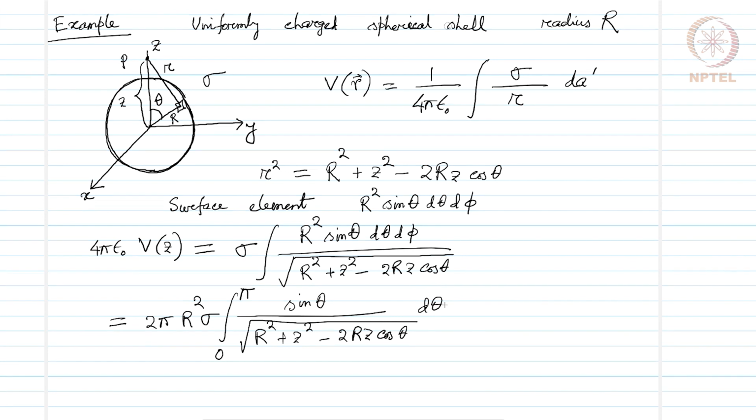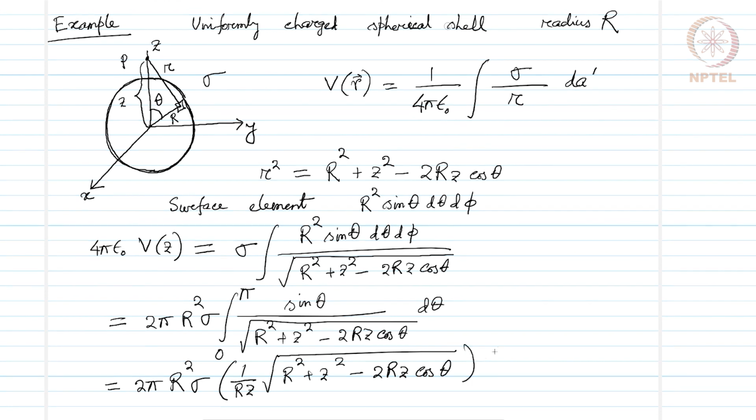This is what we are supposed to integrate over, and if we do that, we will have 2 pi R squared sigma times 1 over Rz times square root of R squared plus z squared minus 2Rz cosine of theta, with limits 0 to pi.